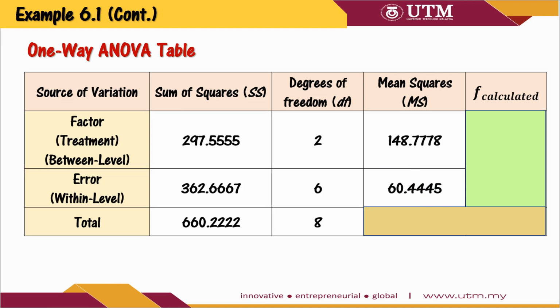Finally, to obtain the calculated F ratio, which is simply by dividing the MSTRT by MSE, so the F ratio or the F test value is 148.7778 divided by 60.4445, giving you a value of 2.4614. After constructing and completing the ANOVA table, you can now complete the statistical hypothesis test to solve the problem in example 6.1.